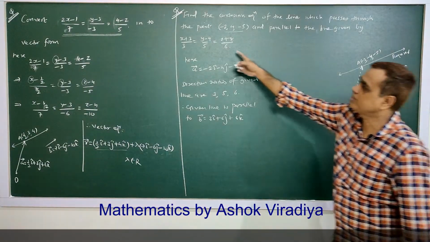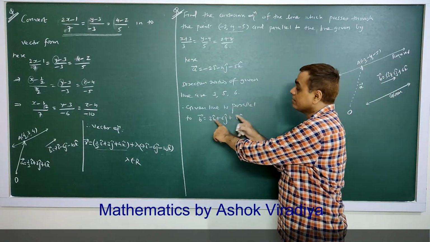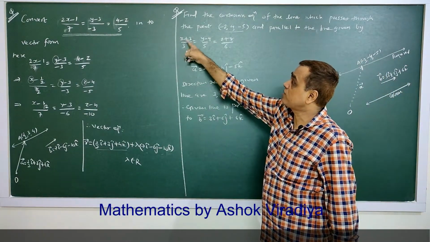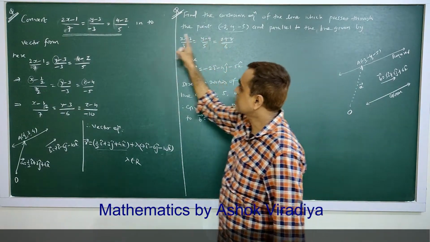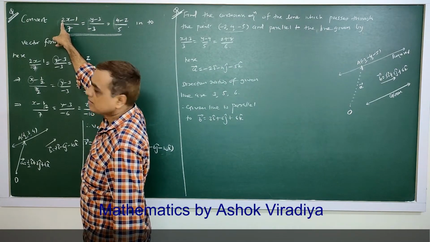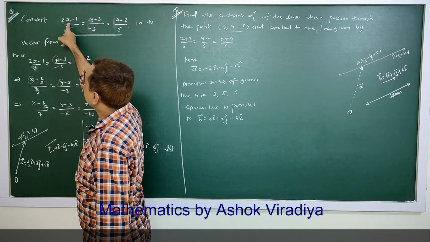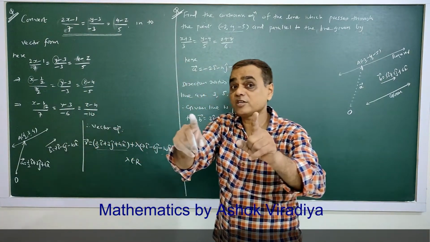It can be seen from these numbers, but remember, before you take these numbers, always check the coefficients of x, y, z. If the coefficients of x, y, z are not 1, then whatever numbers you see in the denominator, don't take them as direction ratios.